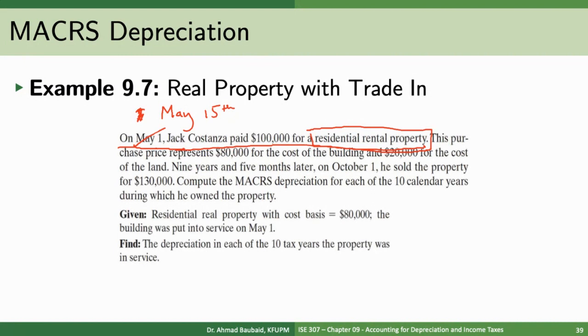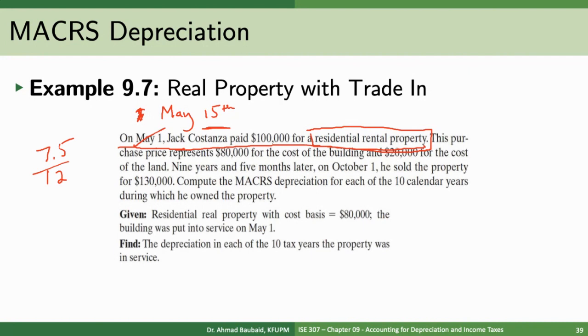So to find the fraction, we have 12 months in a year. You need to look at just the number of months that you owned the asset for in that first year. Well, if May is the 5th month, I owned it for 6, 7, 8, 9, 10, 11, 12. So that's a full 7 months. And then I owned it also for half of May, because I'm starting on the 15th. And that's why the first fraction should be 7.5 over 12.